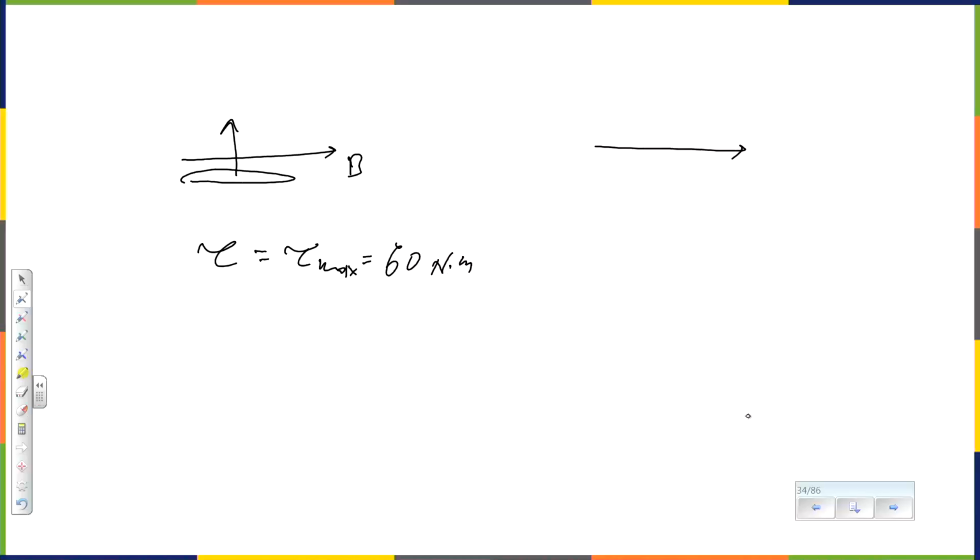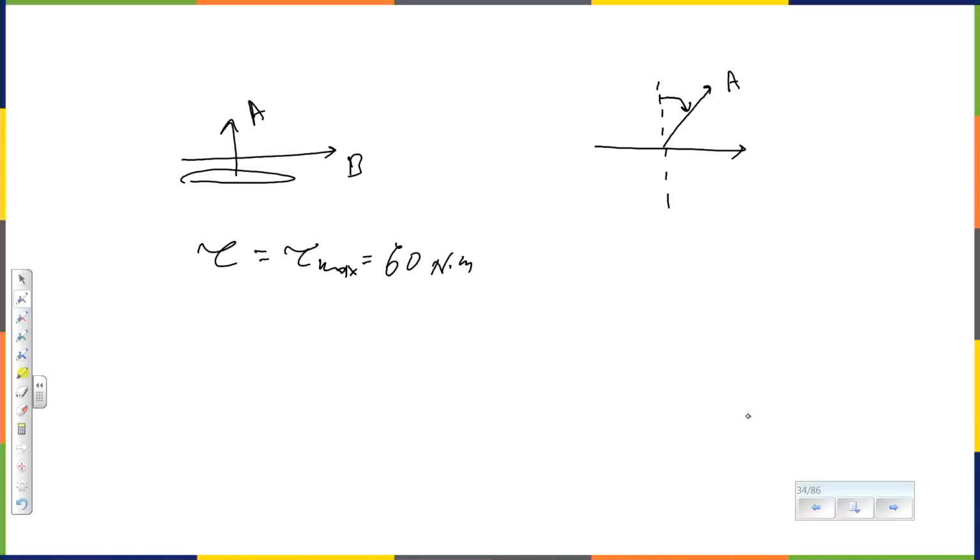The new orientation happens when we turn the loop by 30 degrees. So that's the original direction. We turn it by 30. Which direction doesn't affect the magnitude, so let's say we make it closer. This is the new direction of the area vector.